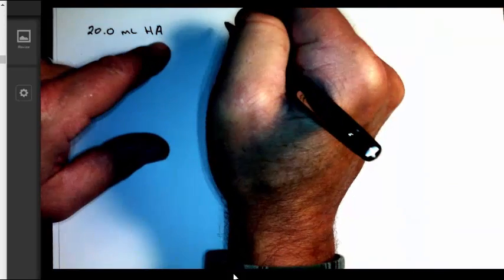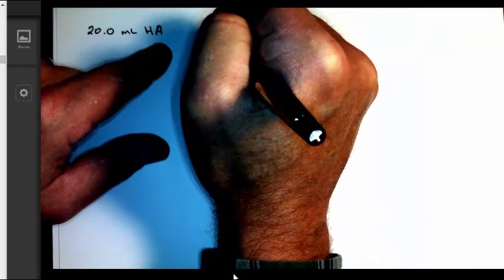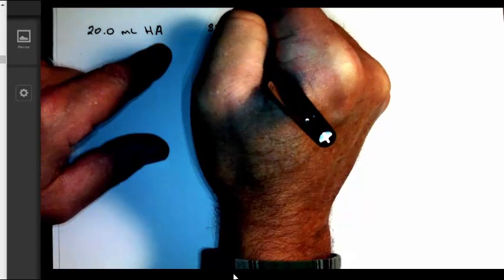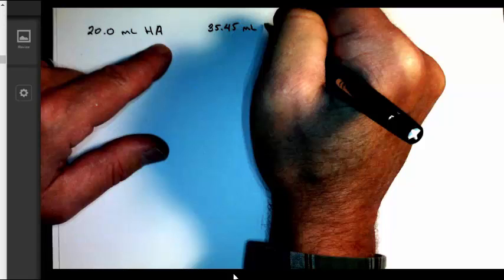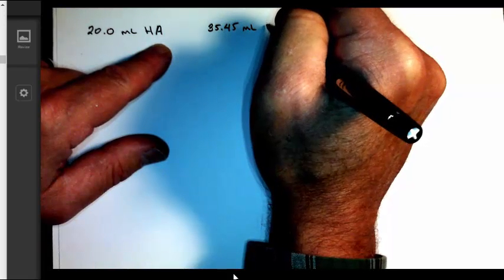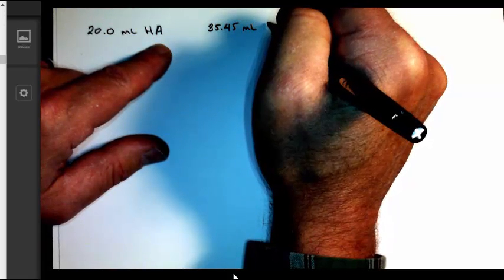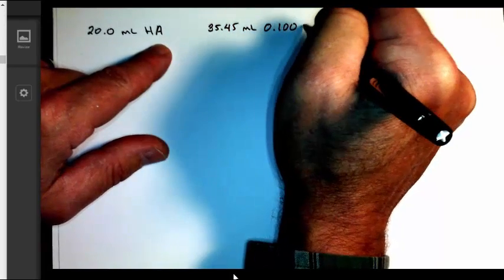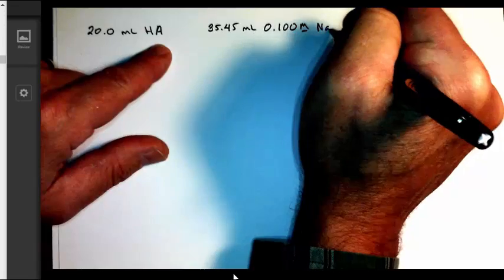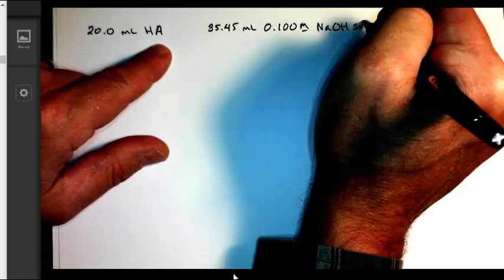Okay, we started with that, and let's just say we used 35.45 milliliters of an NaOH solution with a concentration of 0.100 molar. Okay, so you titrated it.